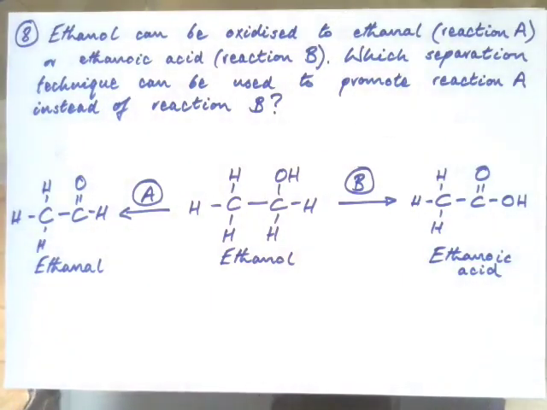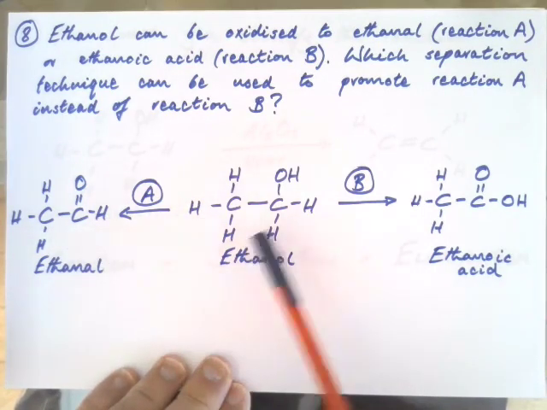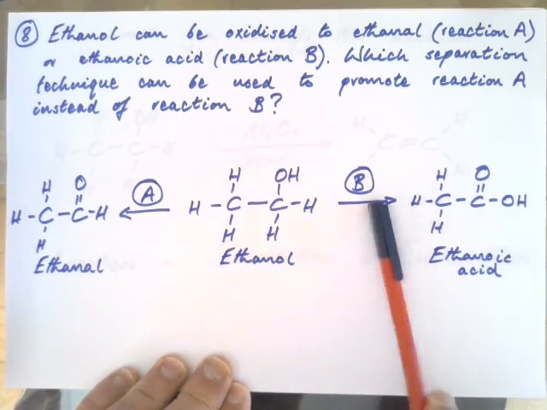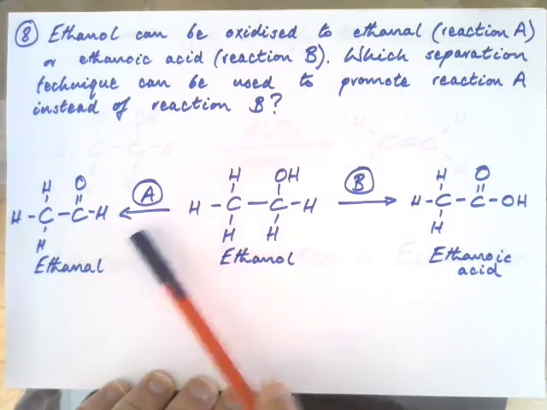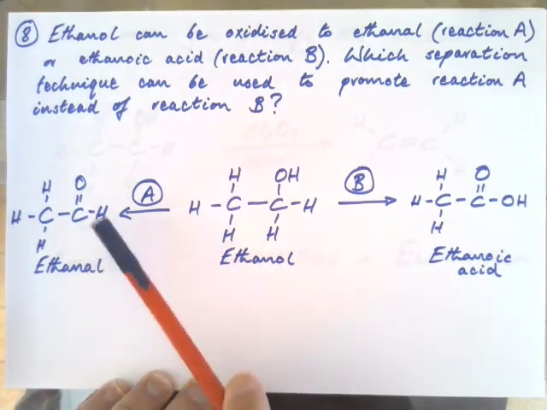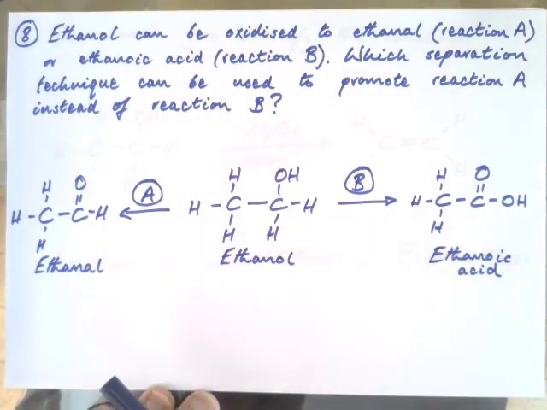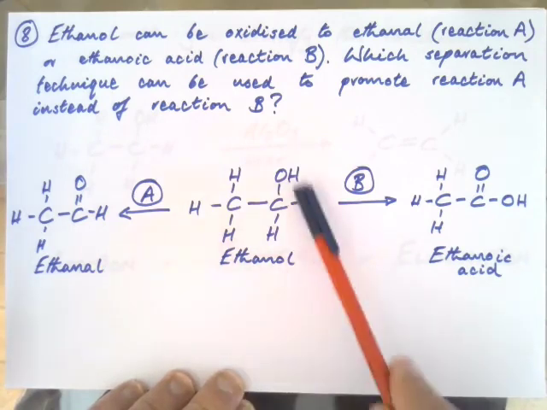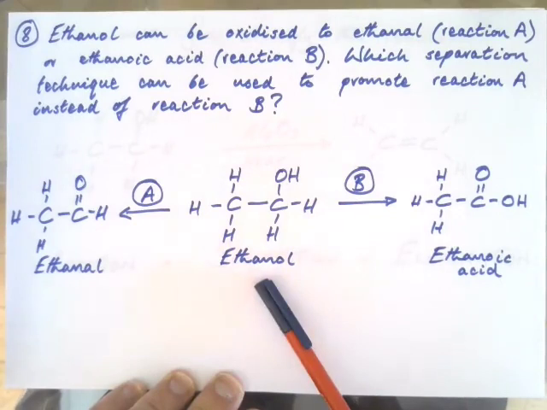Right, question number 8. Ooh, big one here. Ethanol can be oxidized to ethanal, over here, reaction A, or it can also be oxidized to ethanoic acid, reaction B. Which separation technique can be used to promote reaction A instead of reaction B? So if we wanted to form ethanal and not ethanoic acid, we would oxidize our ethanol with potassium dichromate.